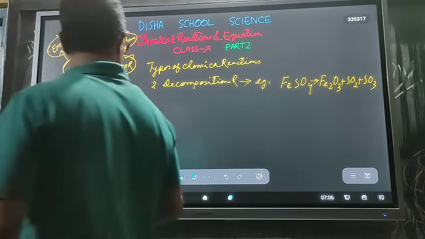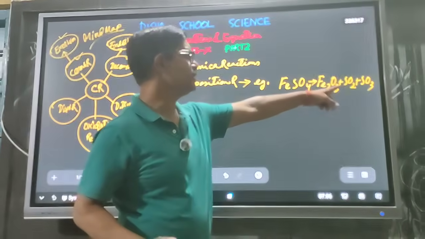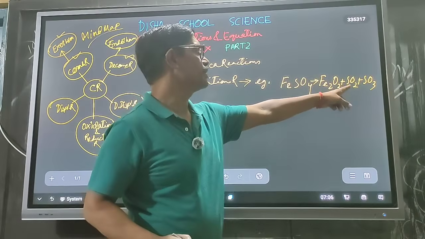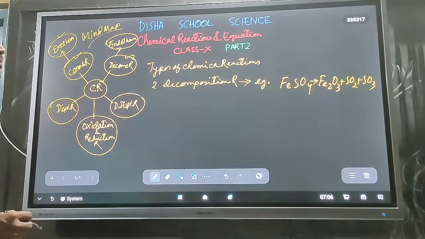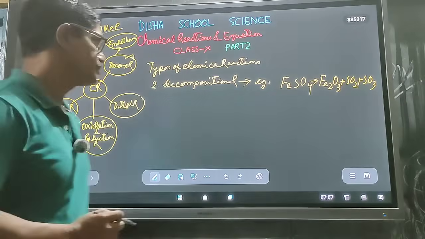You see, from a single reactant, 3 different products form: Fe2O3, ferric oxide, sulfur dioxide and sulfur trioxide. So this is decomposed, broken down.